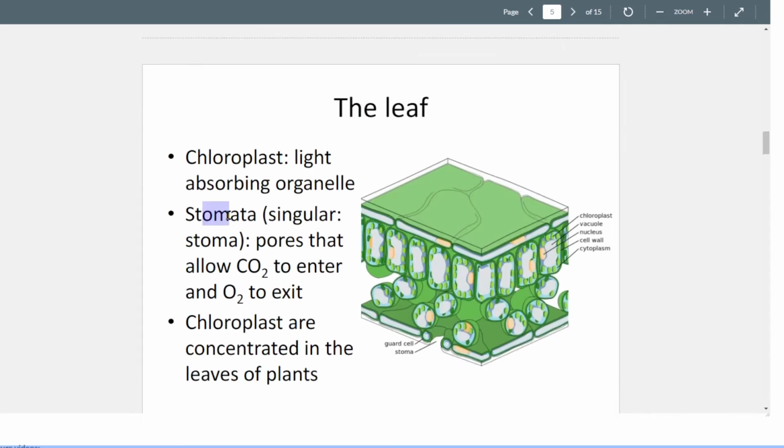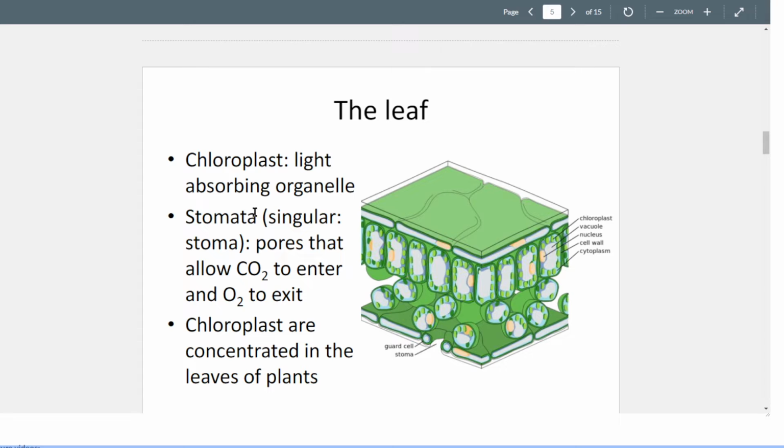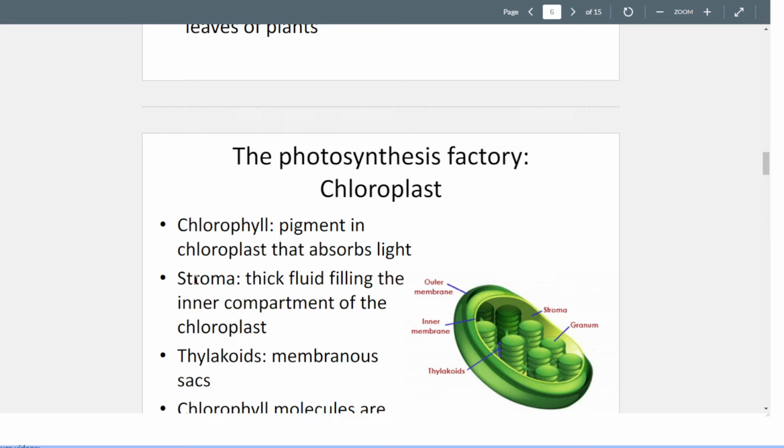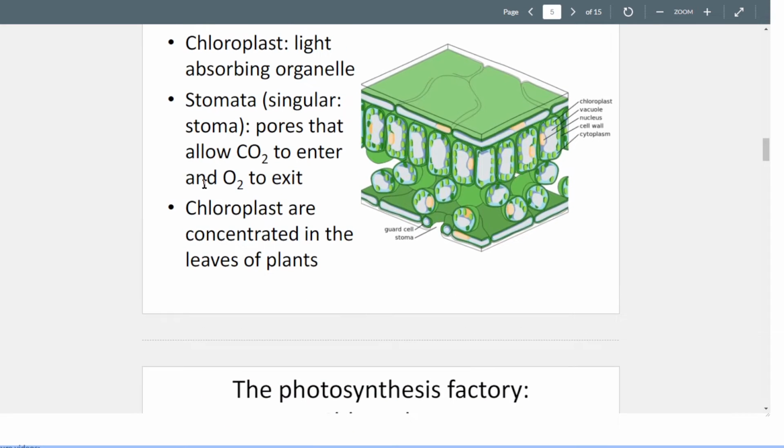How can we differentiate them? Well, stroma has the R in it, so it's stro, but stomata, you can hear the O more, O for oxygen. O has a hole in it.